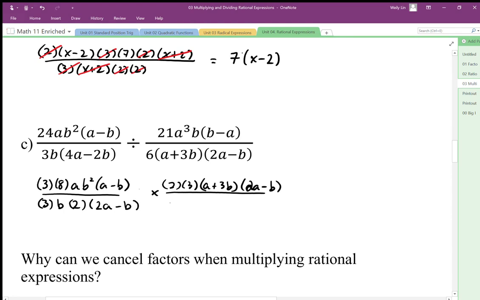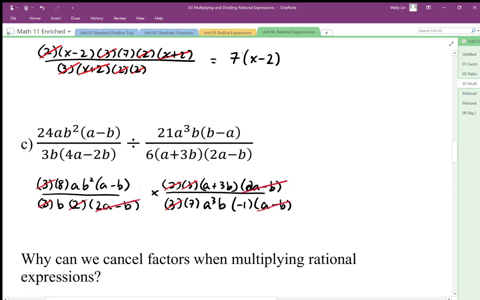The 21 I'm going to write as 3 times 7, a cubed b, and the b minus a I'm going to write as -1 times a minus b. Then I can start canceling out some factors. Times 3 divide 3, times 3 divide 3, times 2 divide 2. The binomial factors cancel out here.